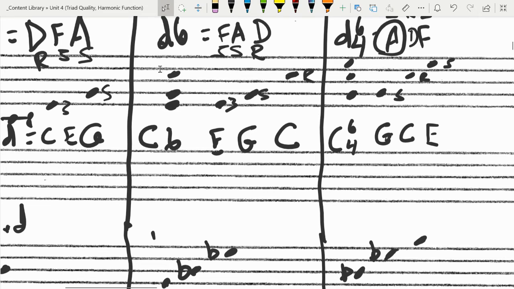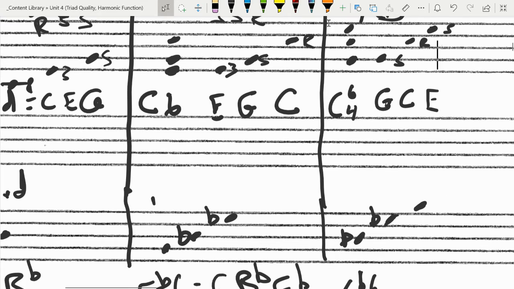When a third is in the bottom, that would be a C6 chord. Okay, meaning the C is the root still, C, E, G is the triad, but now the E is in the bottom. And then C6/4 would be still C, E, G, same three notes. It's still a C triad, but it's in second inversion, meaning the fifth is on the bottom.